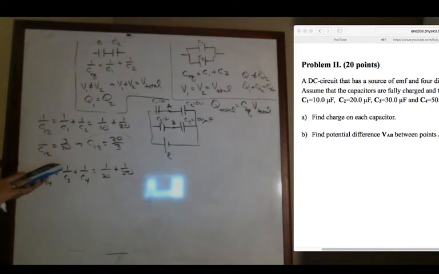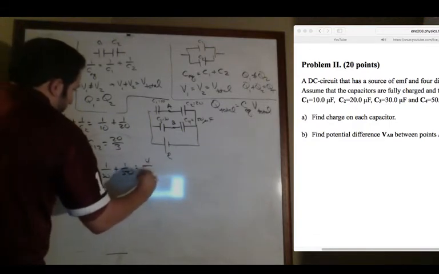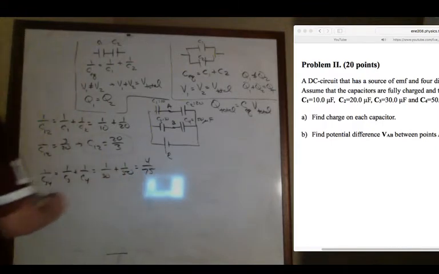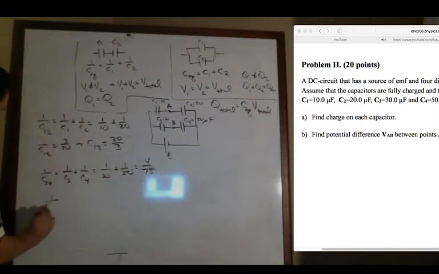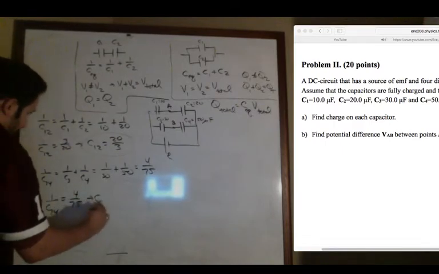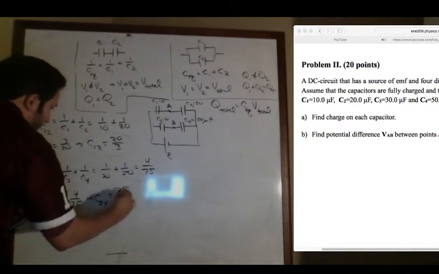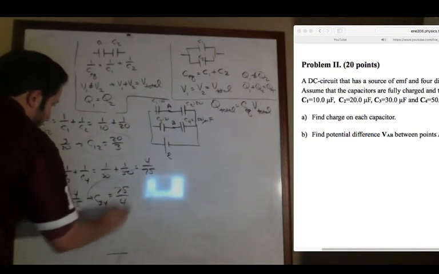That's 1 over 30 plus 1 over 50, and so it's going to come out to 4 over 75. And so what that tells me is that 1 over C34 is equal to 4 over 75, which tells me that C34 is 75 over 4.